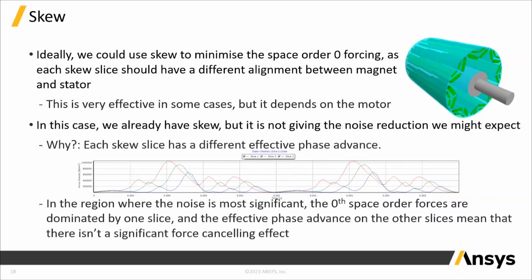The different skew slices are at a different angle relative to the stator, and therefore are loaded by a different effective electrical phase advance, and this affects the force on each slice. In this case, in the region where the noise is highest, the forces are different in magnitude between the slices, and therefore even with ideal phasing between the different slices, can't cancel out effectively.